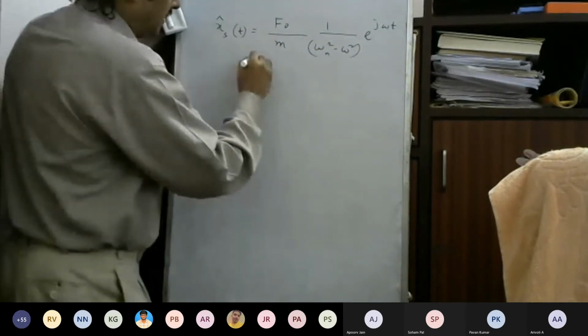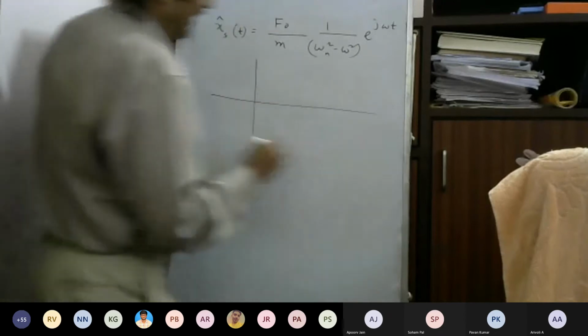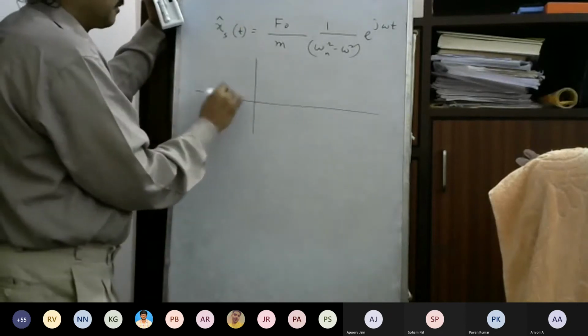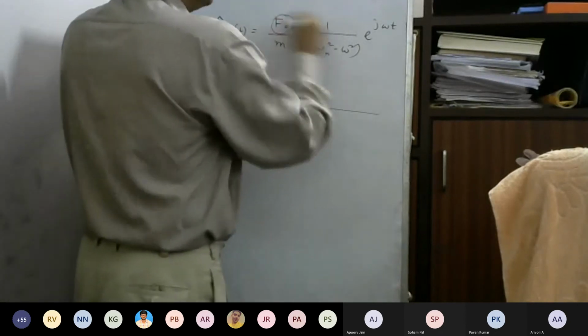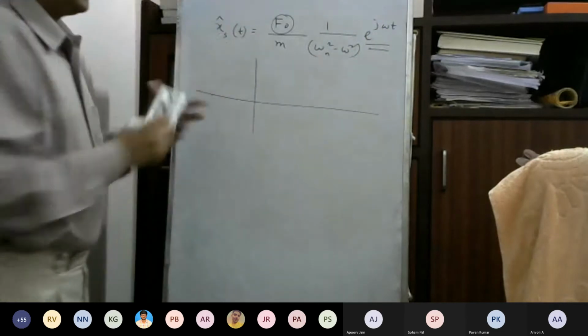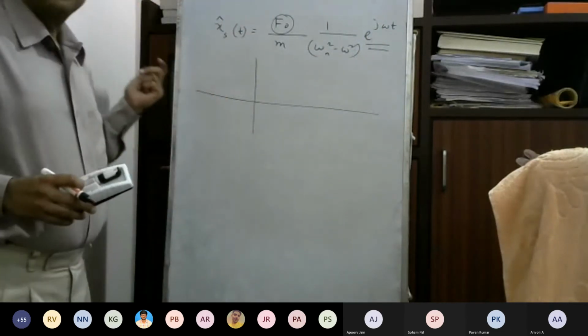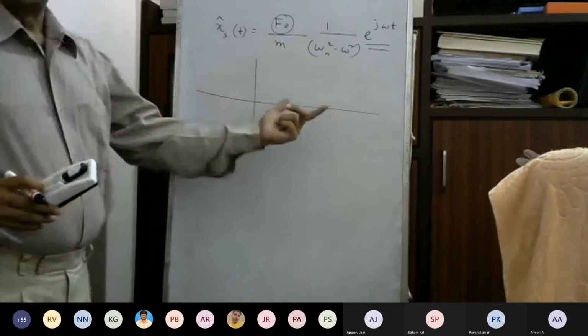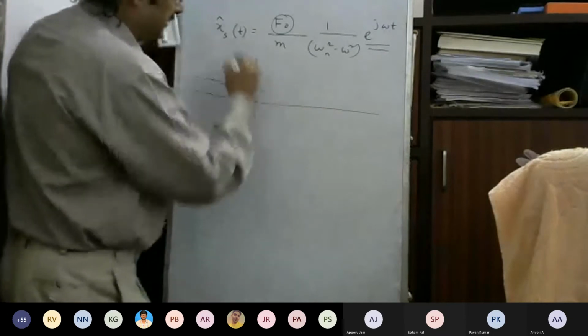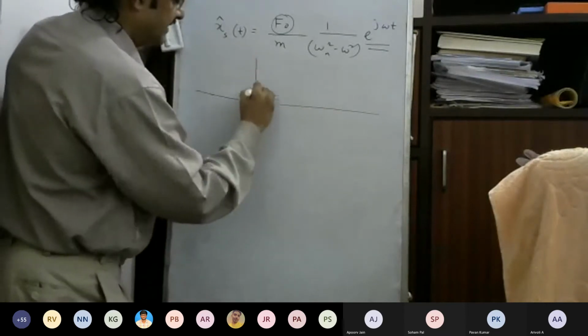Now what will happen to the overall response? This is the response due to F naught e to the power j omega t, where the function was from minus infinity to plus infinity.